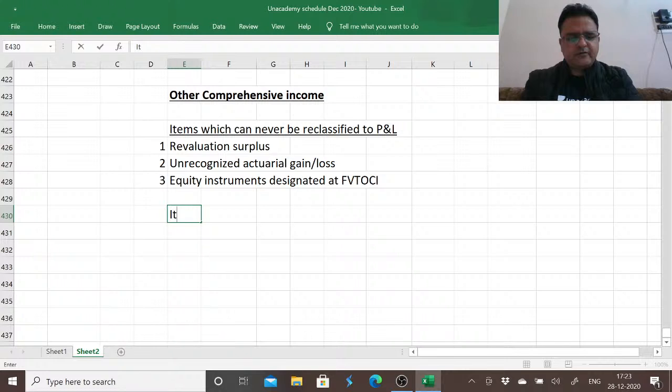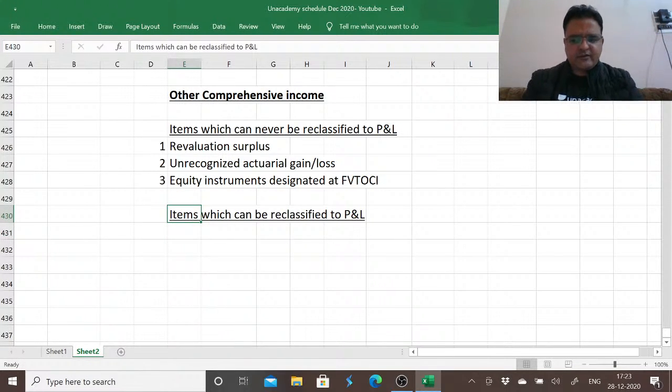Then there are items which can be reclassified to P&L.